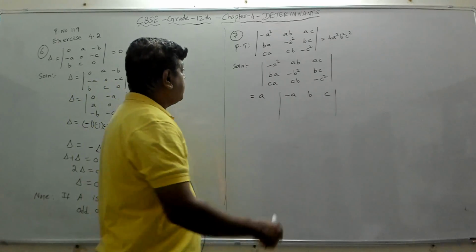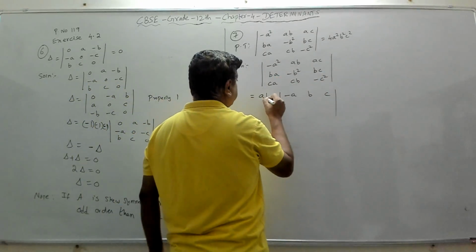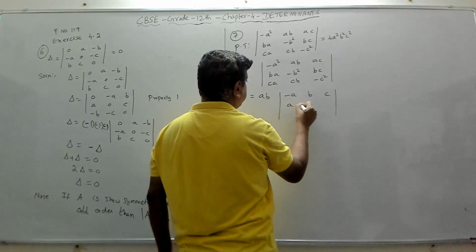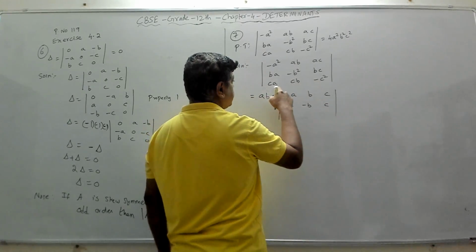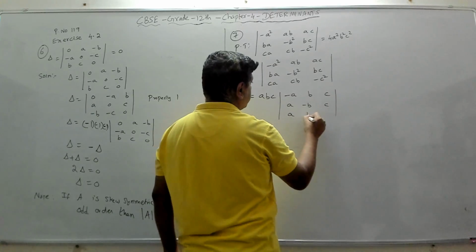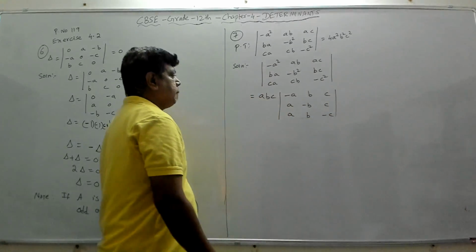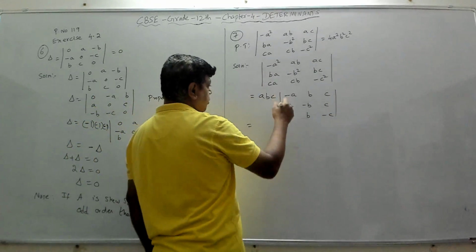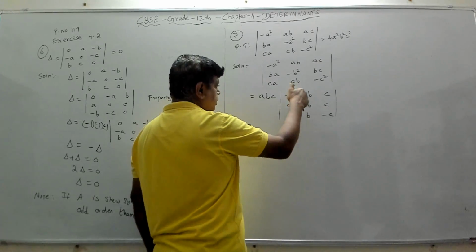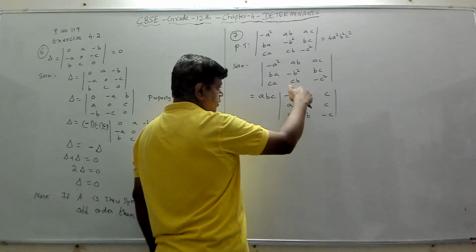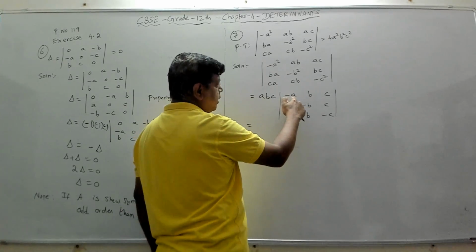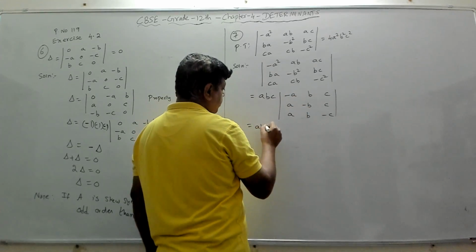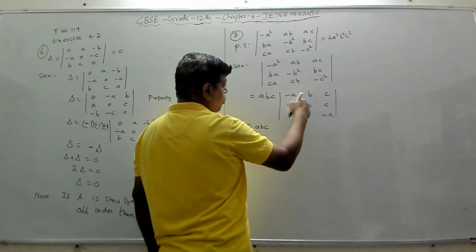Now here b is common, so I can take b out of row 2, and it will become a, minus b, c. Again c is common, so I can take c out of the third row and I will get a, b, minus c. Then further, if you observe, a is present in all the elements of column 1, so again I can take a out of column 1.